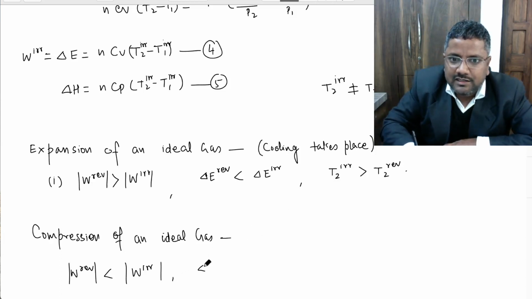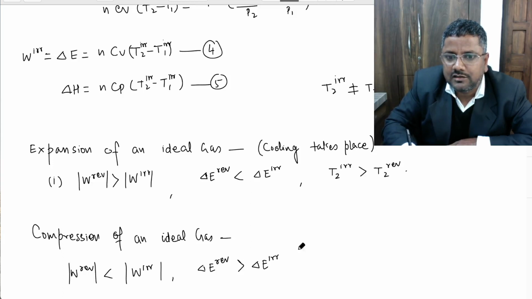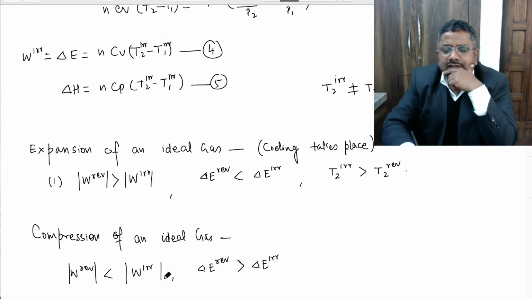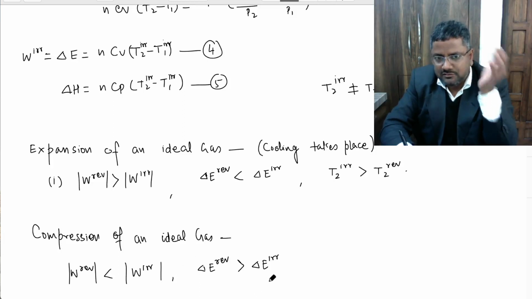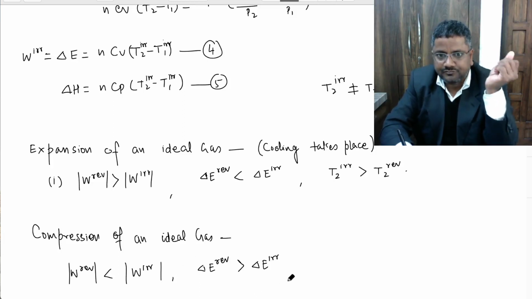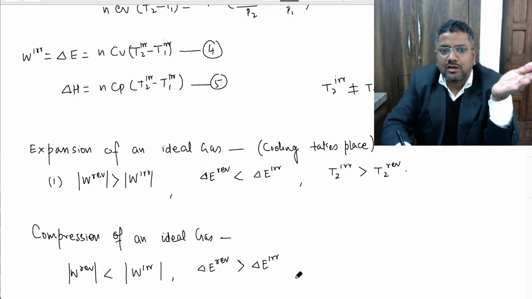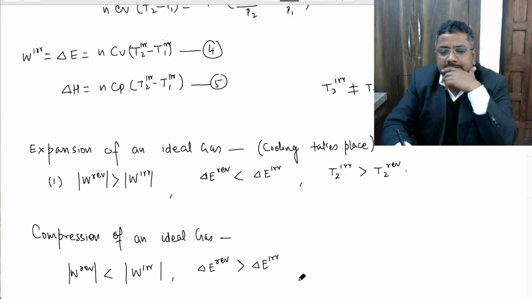So delta E reversible is more than delta E irreversible, because this time in the case of irreversible, more work has to be done on the system.